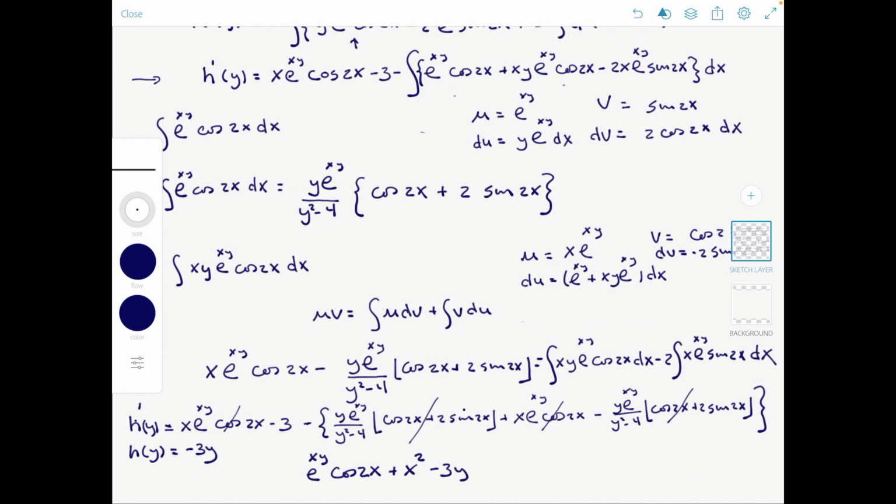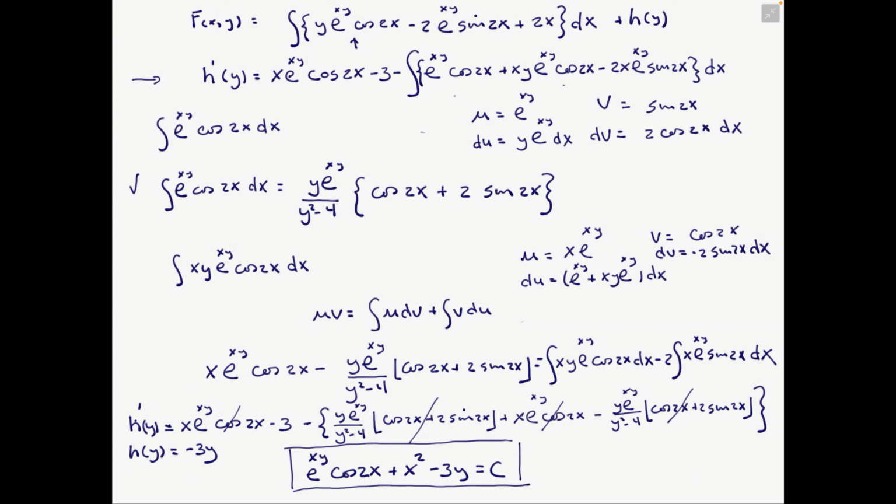After we do all those integrations for both f and h prime, we end up with a solution of e to the xy cosine 2x plus x squared minus 3y, which is h, equals a constant. So this ends up being our solution to that differential equation.